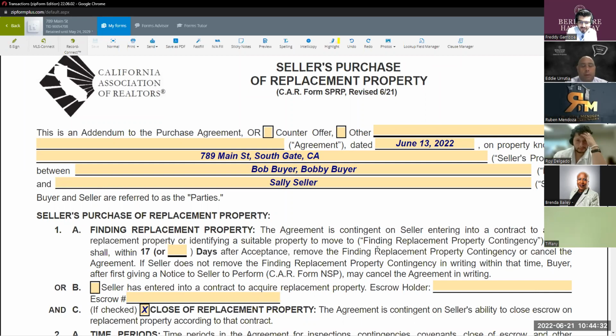If we cannot find a replacement, the upleg, we will not sell this home.